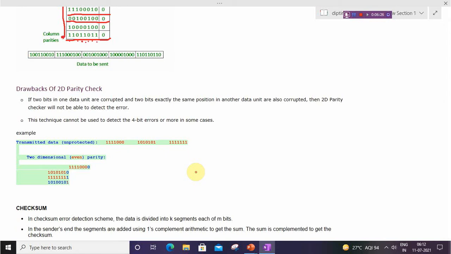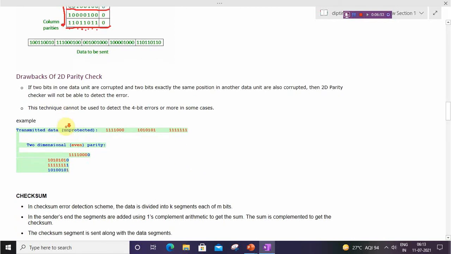Means if the corrupted bit positions are the same in the data units, then 2D parity check cannot detect the error. This technique cannot be used to detect a 4-bit error or more in some cases. So these are the drawbacks of two-dimensional parity check.